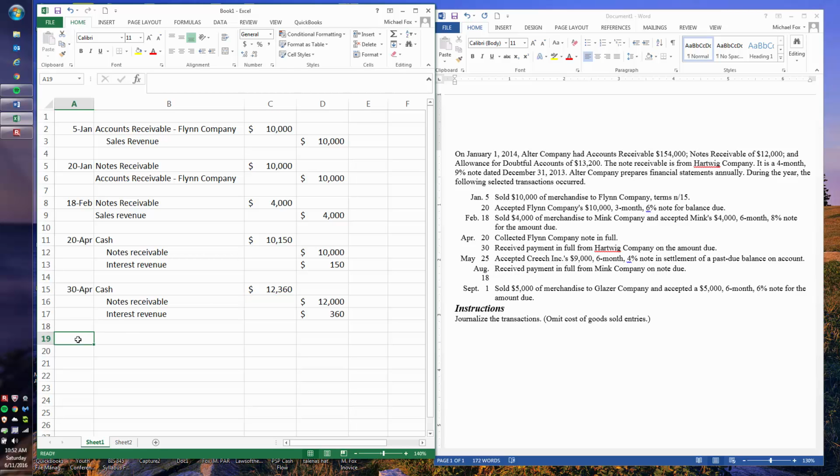Okay, on May 25th, we accepted Creech Inc.'s $9,000 6-month 4% note in settlement of a past due balance on account. So this is going to look very much like the 20 January transaction. Our notes receivable go up by $9,000.